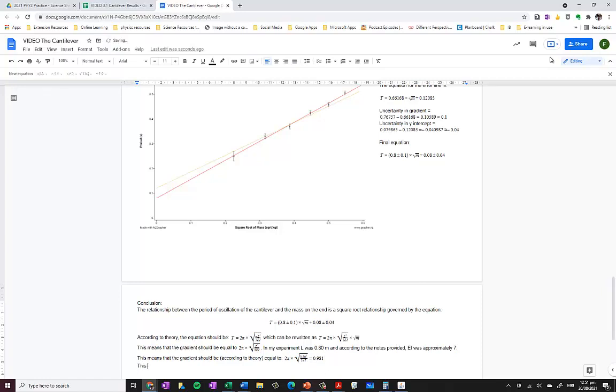So my experimental gradient was, well, that's this thing here.